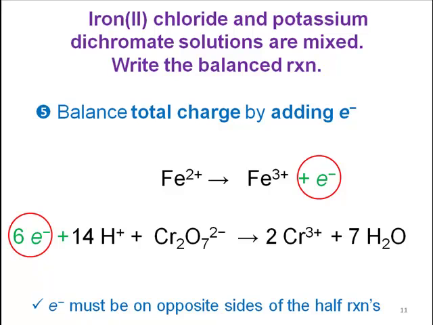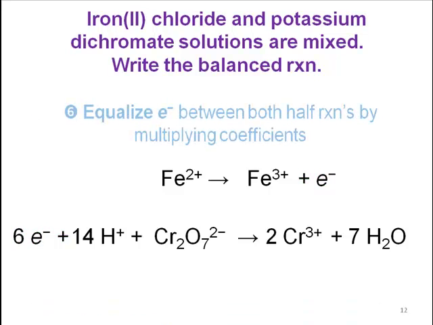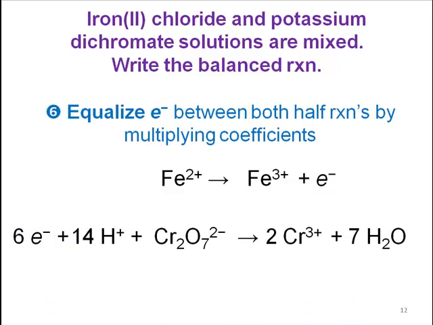What do you notice about these electrons, though? They are not balanced. So we want to have how many electrons on the right side if we have 6 on the left? 6. So all we have to do is take this equation here and multiply it by 6. So that is step 6 in this case. Equalize electrons.